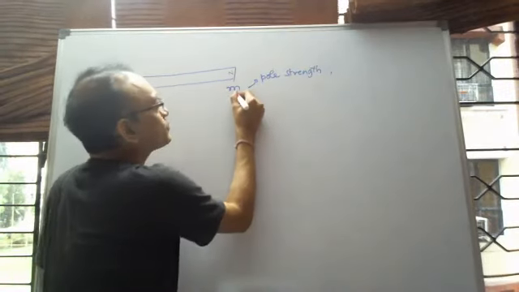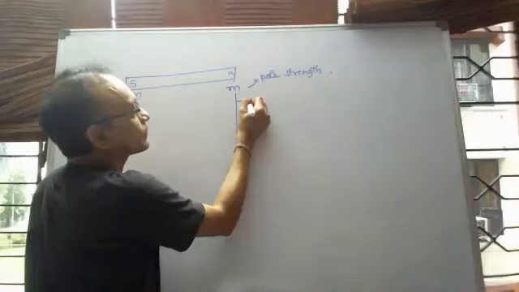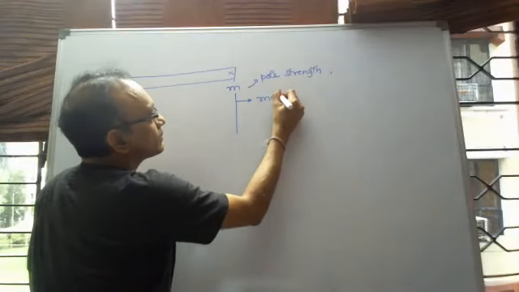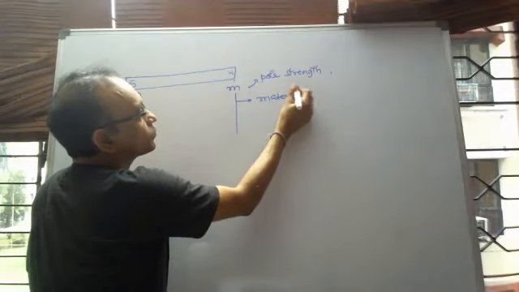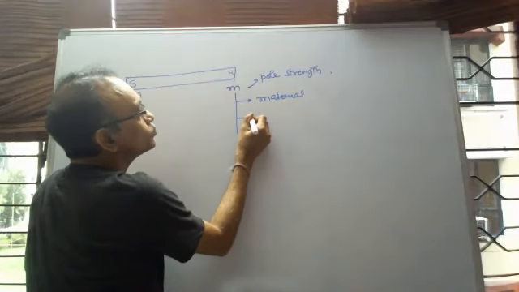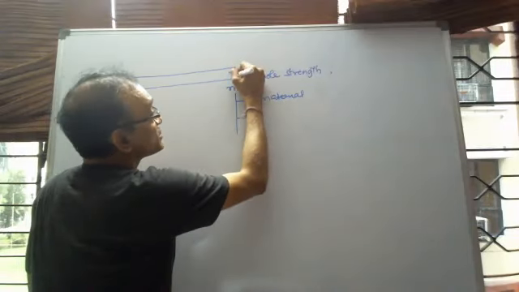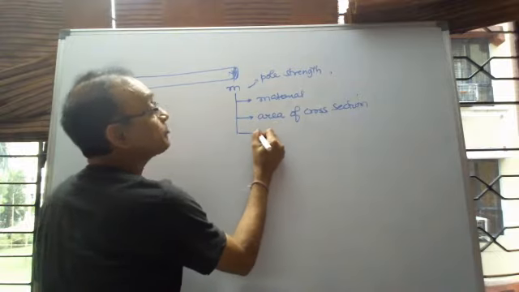This pole strength will depend on the following: one, the material of the magnet. Two, it will depend on the area of cross section. Three, extent of magnetization.